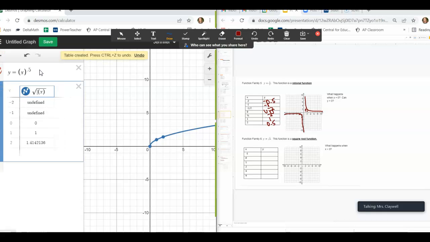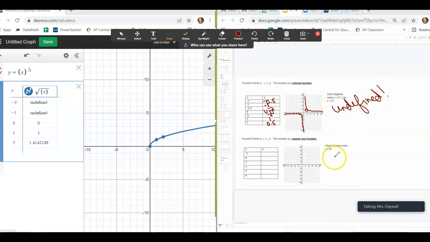If I make a table for it, I can't do any negatives, because we can't take a negative square root. So it looks something like that.